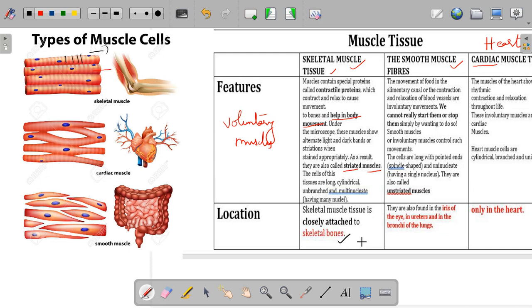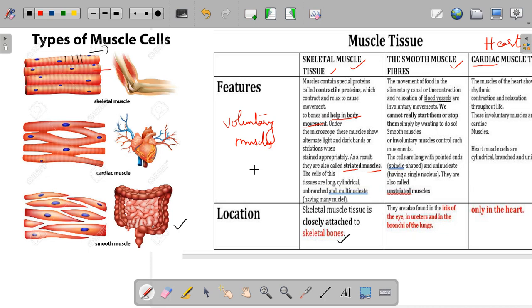When it comes to the smooth muscles, they are usually present in the body parts where there is less movement. Especially you can see the blood vessels, even you can see the digestive system, and they are also named as involuntary, opposite of voluntary.